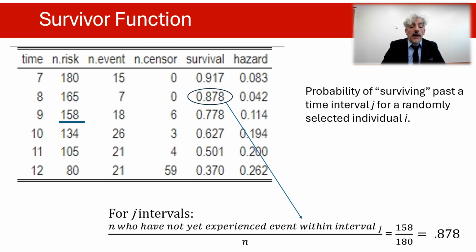In fact, they are in the risk set at the beginning of year 9. So we divide 158 by 180 participants in the sample. And this tells us that the probability of surviving, of not initiating sexual intercourse within year 8 is approximately 88%.